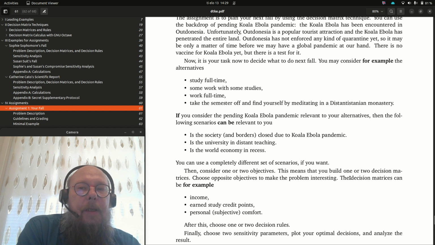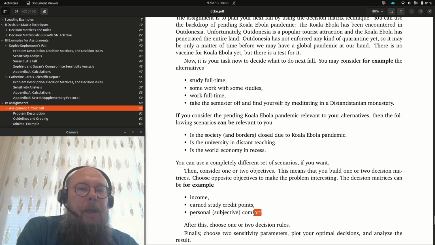Okay, so the decision matrices, what are they? Again, you choose your objectives yourself, but for example, you could look at the income or the net worth you have. This we had before. Earn study credit points. These maybe go in the opposite direction. I don't know. And as long as you can give numerical values, you can have kind of soft objectives. You can use the personal subjective comfort.